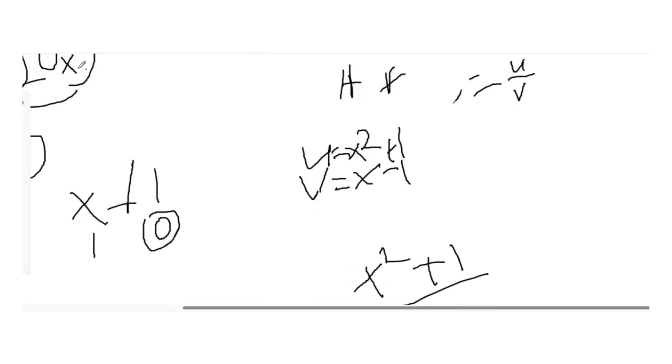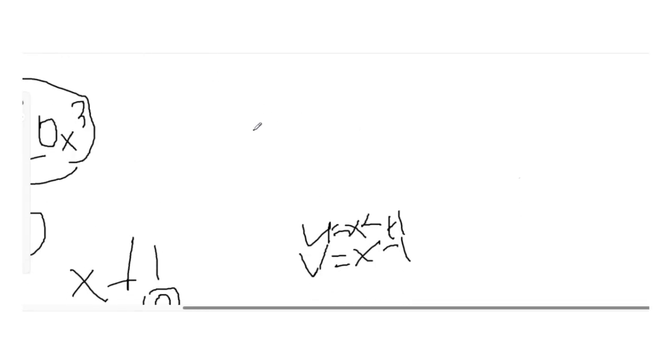So let me make up some more room. So if you can recall it, the quotient rule is v times u prime minus u times v prime over v squared. So x minus 1 times the derivative of x squared plus 1, which is 2x.